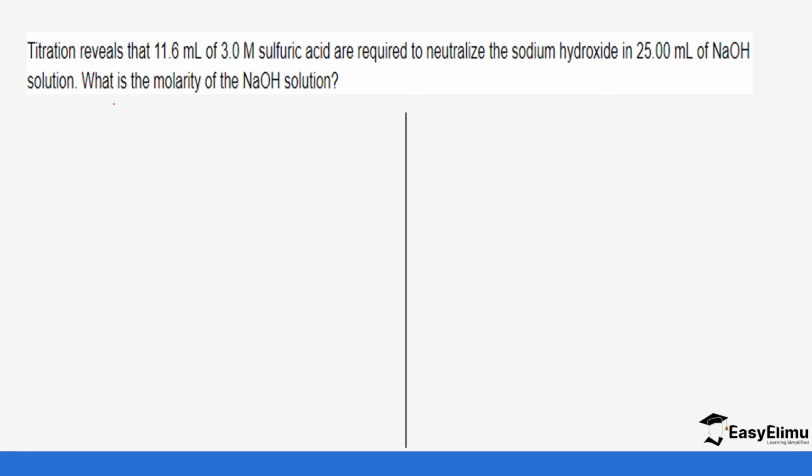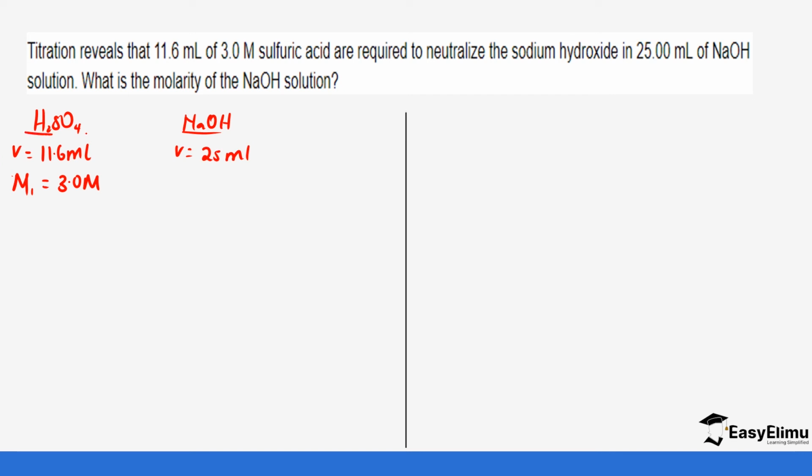What is the molarity? So when you look at sulfuric acid, what do we know? We have the volume, which is 11.6 ml or centimeters cubed, and we have the concentration, which is 3.0 M. And then for sodium hydroxide, we have the volume, which is 25 ml or centimeters cubed.